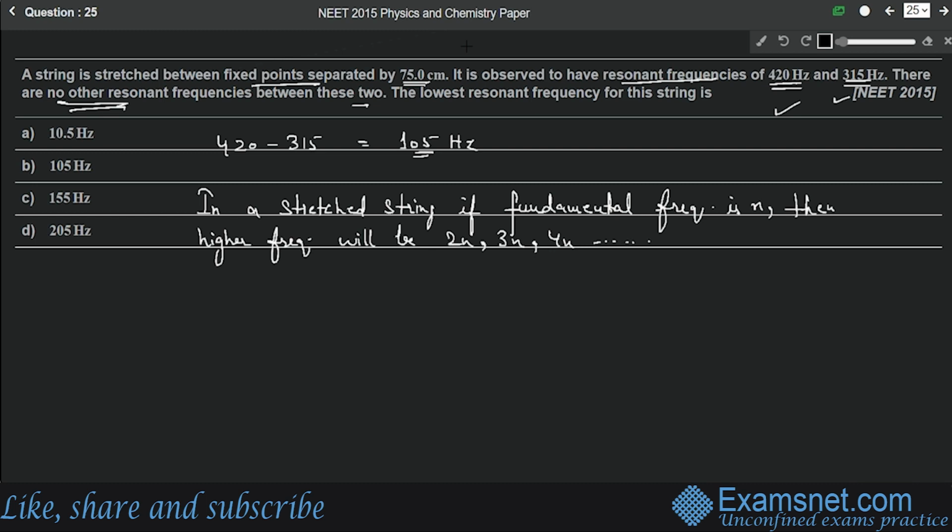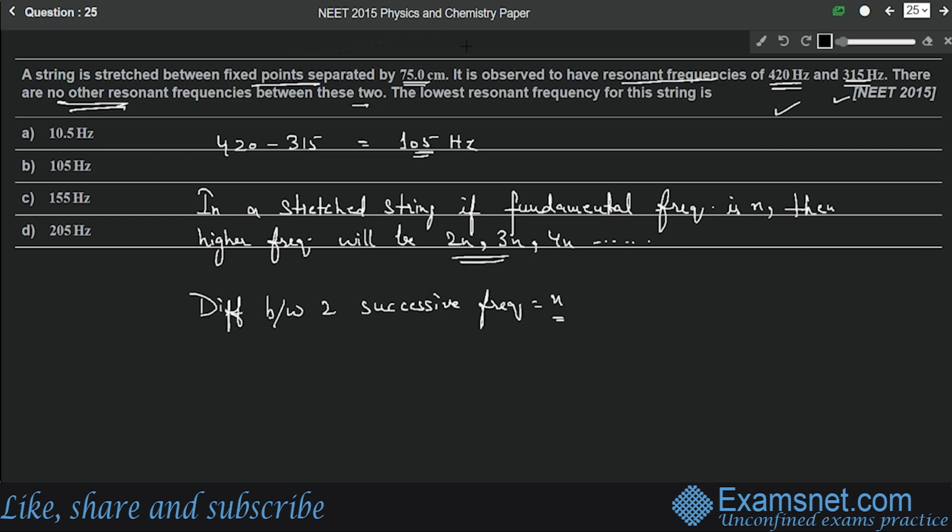That means the difference between any two successive frequencies will be n. So the difference between two successive frequencies is equal to n. It is clear from here: 2n, 3n, 4n. So the difference is equal to n.